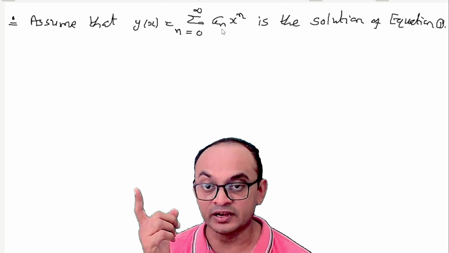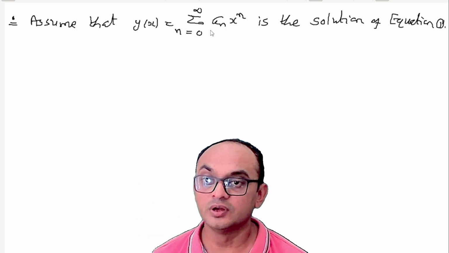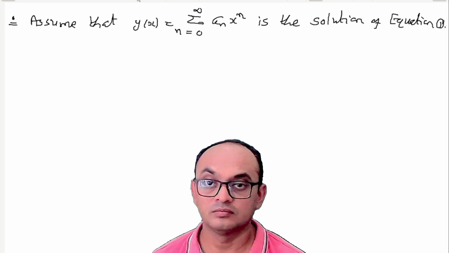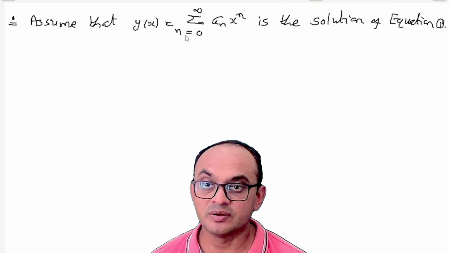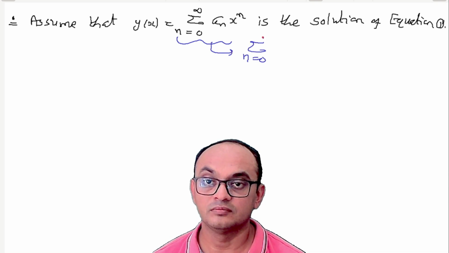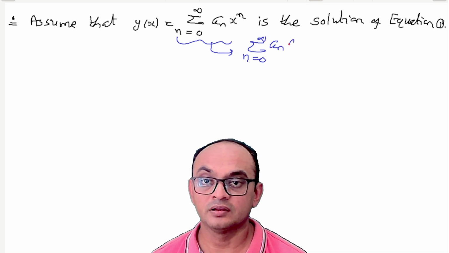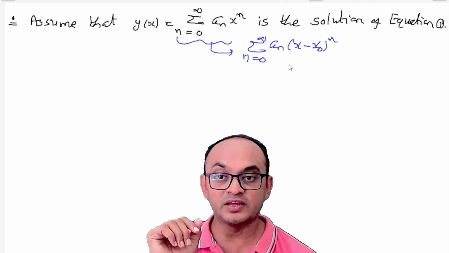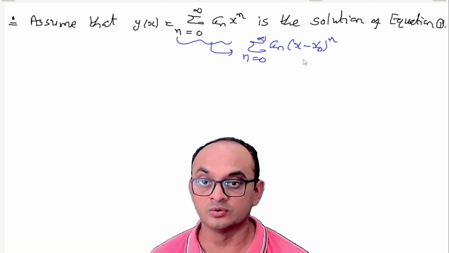Actually, when I started the session, what I told you is that the solution is summation n equal to 0 to infinity a n into x minus x0 raised to n. What is the value of x0 we have been given? x0 equal to 0, right.